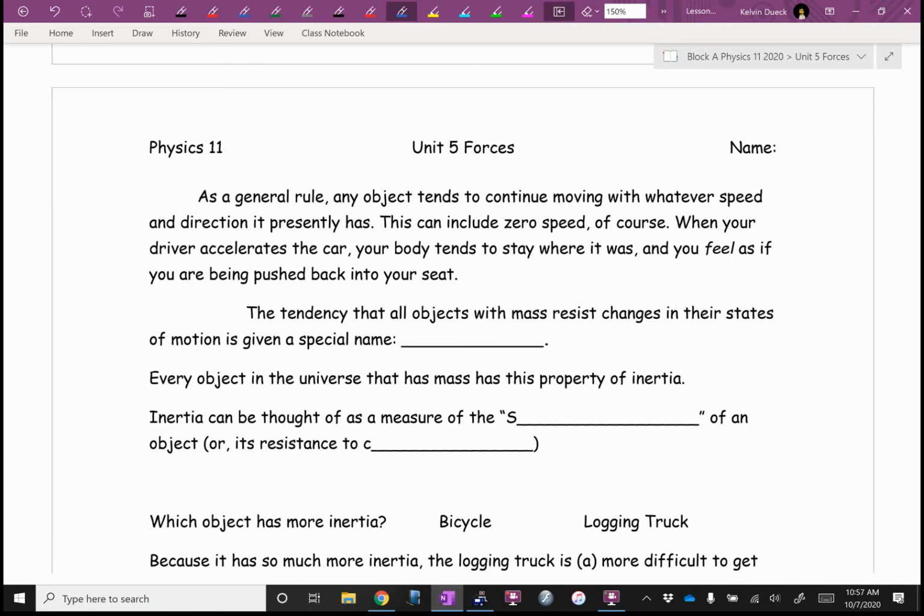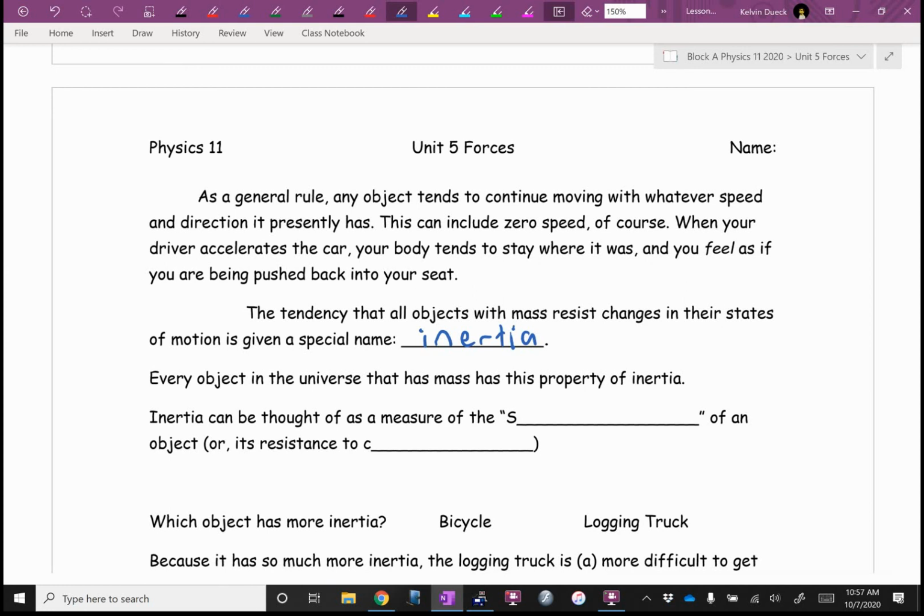This tendency that objects with mass have to resist changes to their states of motion is given a special name. We call it inertia. The more inertia an object has, the harder it is to get it to change its motion state. Every object in the universe has this property that we call inertia.